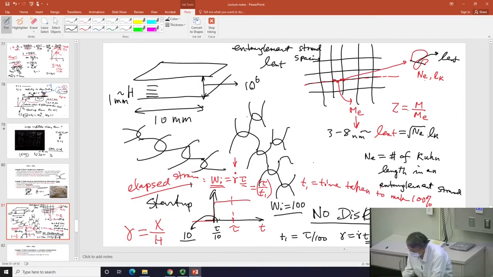So that's why it is 10 at a 10th of a tau. Yeah? I don't know if you guys like numbers or like symbols. I'm just giving you a case where you have numbers. Okay? Let's say Wi is 100. Then it turns out by the time of 1/10 of a tau, you of course have sheared 10 units by definition, right?